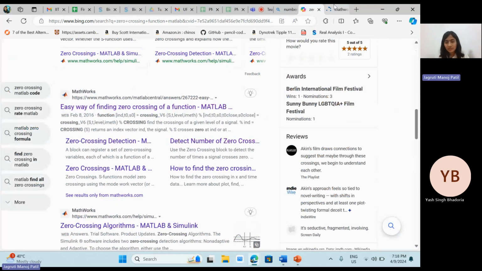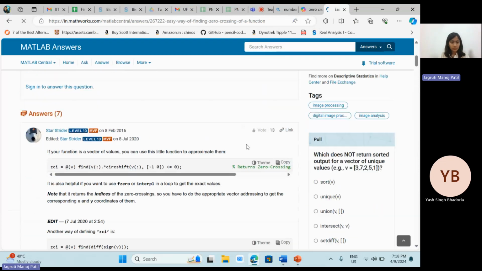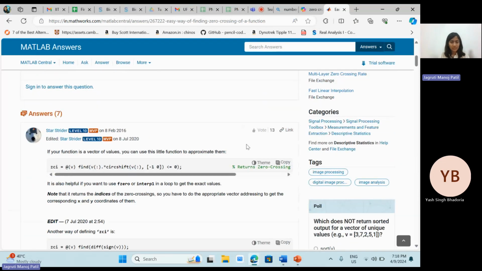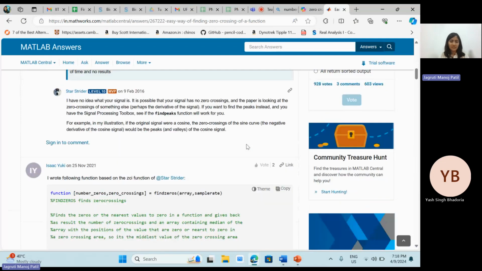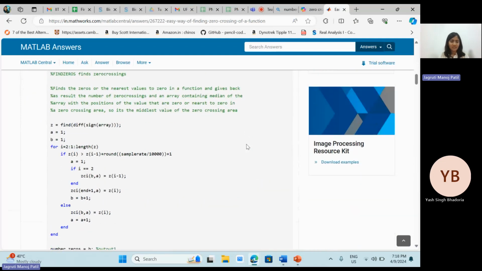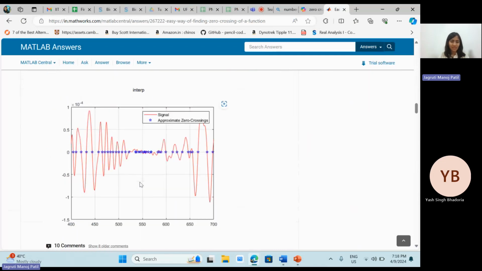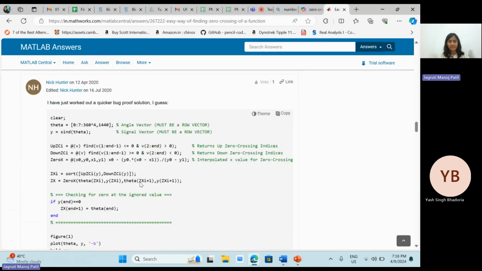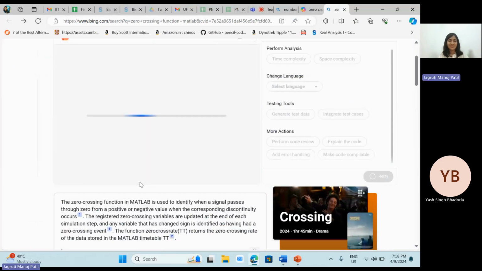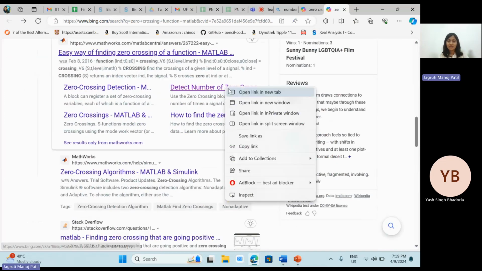Simulink. I guess it's not something like this. Returns zero crossing. I guess you just count the number of times it's crossing the x-axis, or else probably don't do it in MATLAB. It's very hectic then. Yeah. If you do it manually, it's easier then. I think so. Detect number of zero crossings.